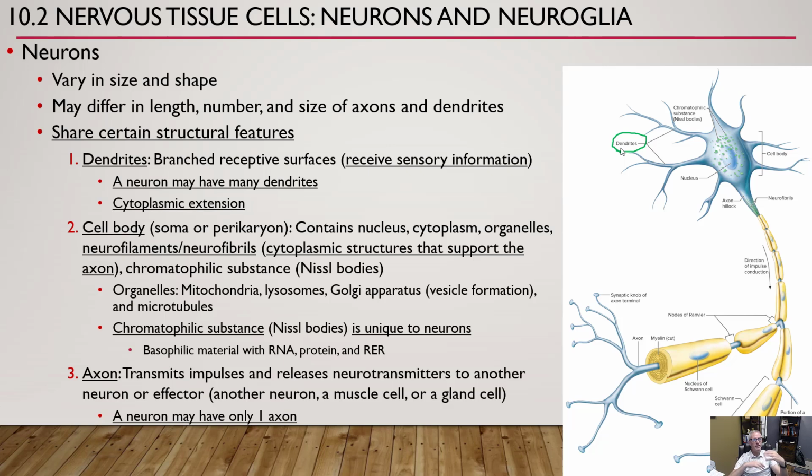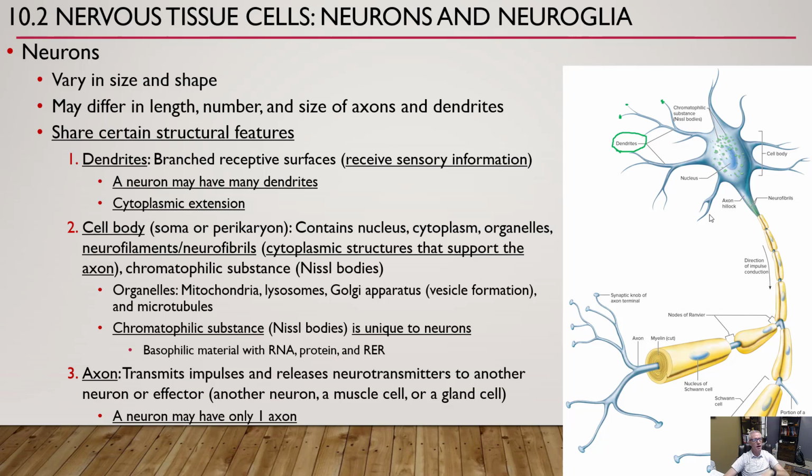Basically, these are extensions of the cytoplasm. Remember, cytoplasm is that gel-like material within the cell. So dendrites are just cytoplasmic extensions. And these actually have tiny little receptors on them that would receive information.